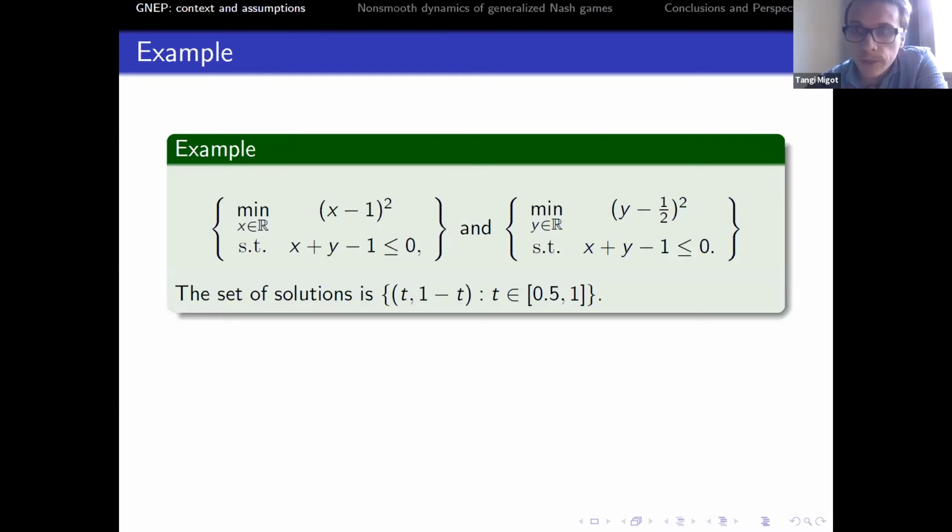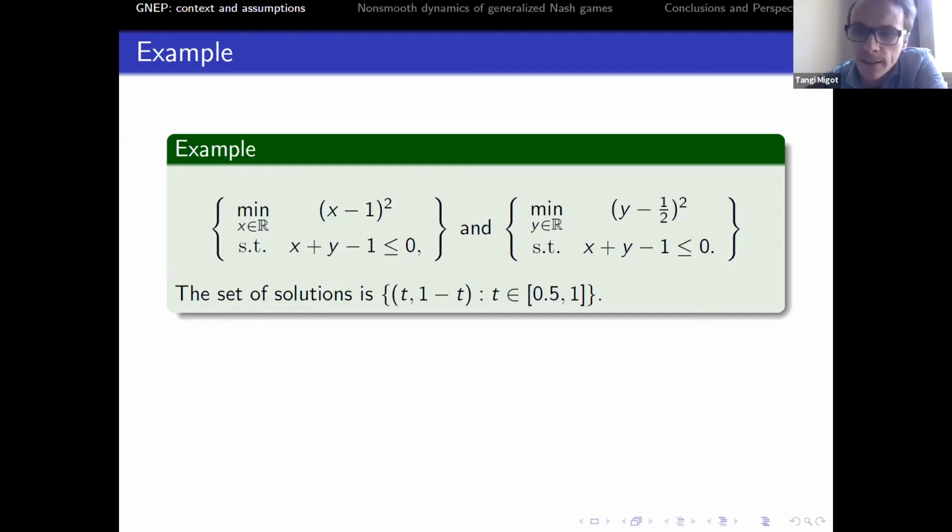And maybe to fix it a bit in your mind, here is a small example that is very standard. Also, I want to point out, if you do the computations, and you'll have to trust me on this, the solution set is a closed line. So most of the time, there will never be a unique solution to this problem, but a whole set of points.